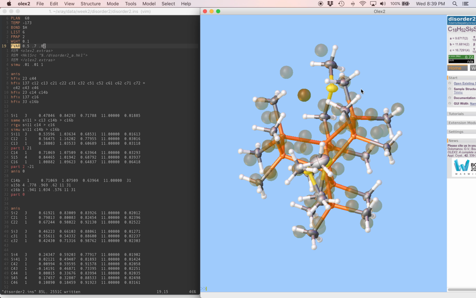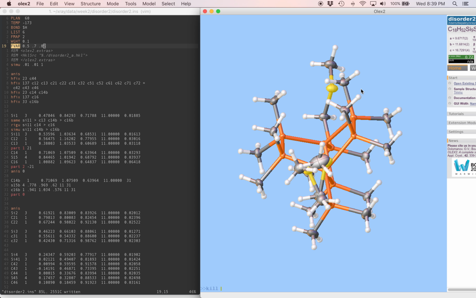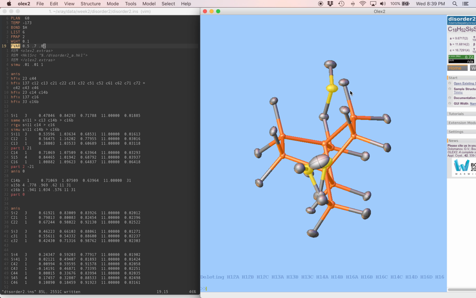Instead of going through the whole thing, I'm going to use a shortcut here and just, first I'm going to kill hydrogen atoms. I'm going to grab these 3 atoms, type mode fit. Now I can move this whole group around by hand just by dragging it in OLEX.